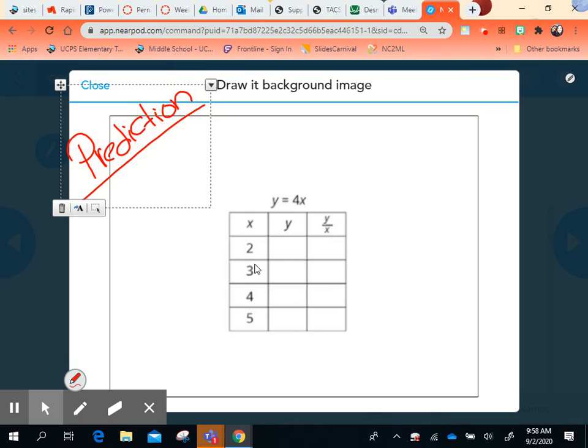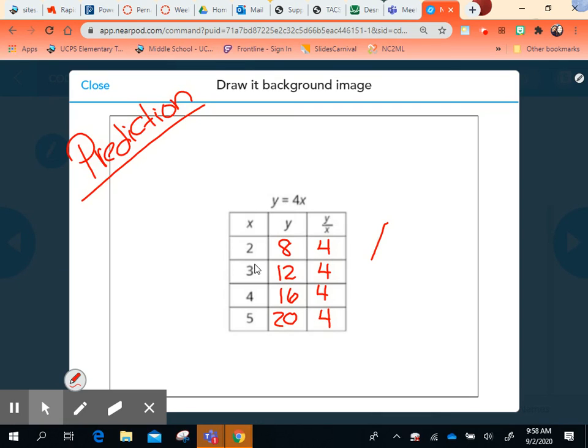So when we solved, we had 4 times 2 was 8, 4 times 3 was 12, 4 times 4 was 16, 4 times 5 was 20. And when I did my y over x to solve for my unit rate, 8 divided by 2 gave me 4. 12 divided by 3, 16 divided by 4, and 20 divided by 5 were all 4.